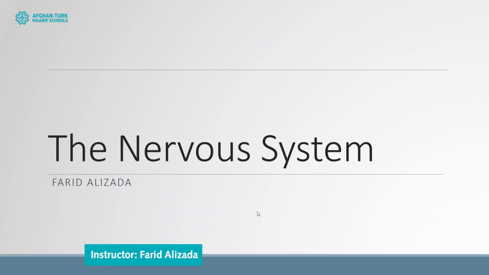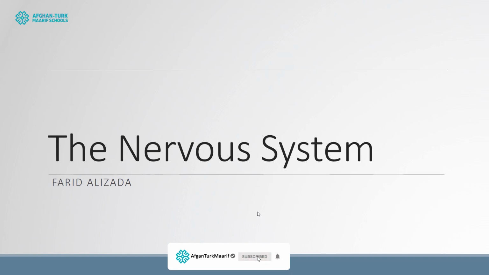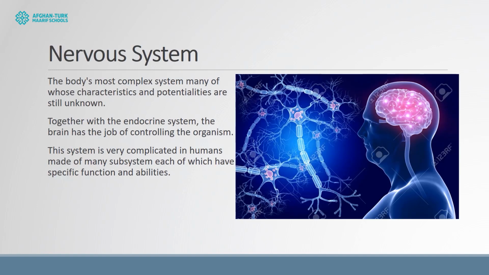Today we are going to study one of the most complicated and interesting systems of our body, which is the separator of human beings from other animals, and that is nothing but our nervous system. The nervous system is the most complex system of our body, and even in the 21st century, scientists haven't discovered many of its characteristics and potentials.